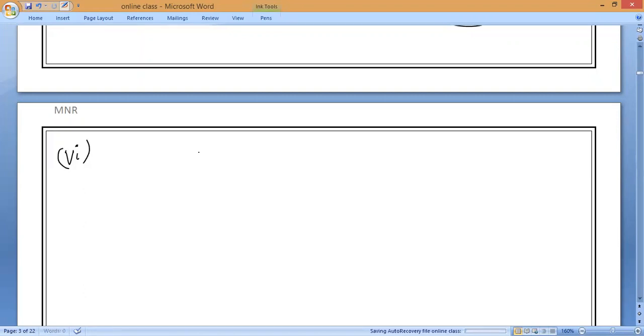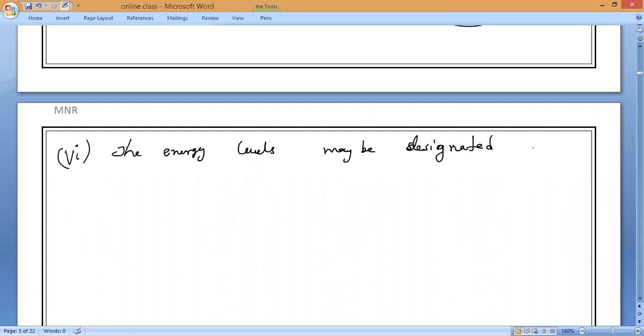The energy levels may be designated as 1, 2, 3, 4 or represented with K, L, M, N and O.